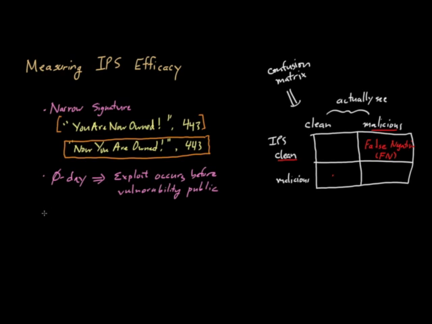A third category to keep in mind in terms of efficacy, another thing that can cause a false negative, is timing. Maybe the vulnerability was known, but there is effort and time required before you can come up with a detection capability for a new vulnerability. If you take some time to do that, there's a small window in which the system would be vulnerable because the IPS wouldn't have a detection capability in place.